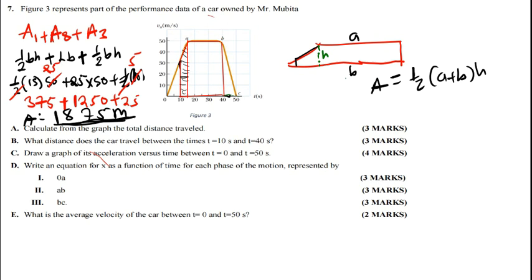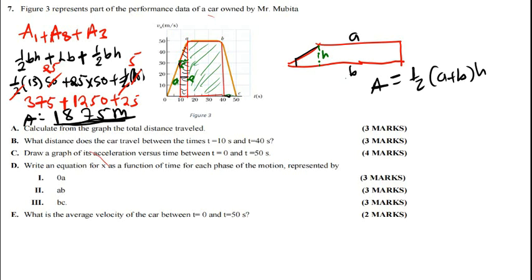Then the remaining one, what is it? This is a rectangle. So I'll start with the trapezium. This point here is A. That is B, that side. And that is H. That side is H.